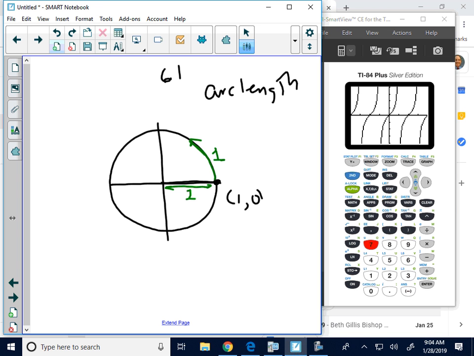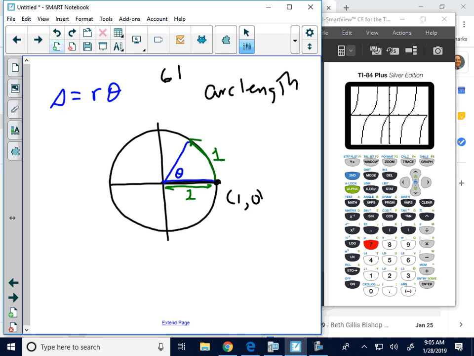What is the measure of this angle? You can give it to me in radians. What's the measure of that angle? Here's your equation: s is equal to r theta. I'm telling you the arc length is 1. The radius is 1. What's the angle, in radians?